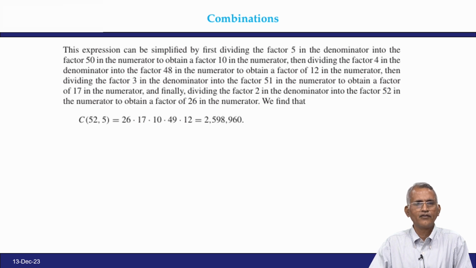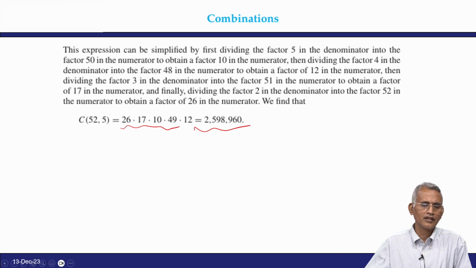Then dividing the factor 3 in the denominator into the factor 51 in the numerator to obtain a factor of 17, and finally dividing the factor 2 in the denominator into the factor 52 in the numerator to obtain a factor of 26. So the value of 52C5 is equal to 26 into 17 into 10 into 49 into 12, which is equal to 2,598,960. This is the net value of the result.